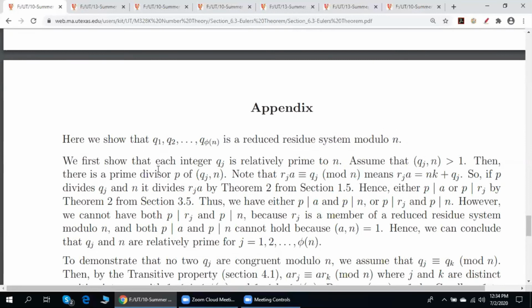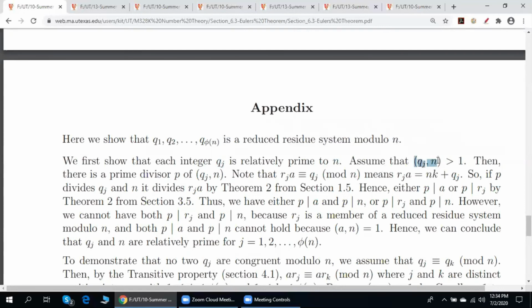So we first show that each integer Qj is relatively prime to n. Assume to the contrary that the greatest common divisor of Qj and n is greater than 1.